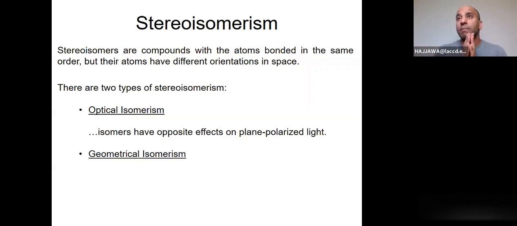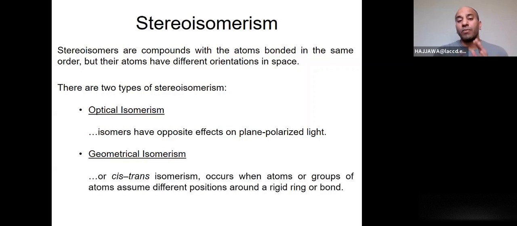Any pair of compounds that differ from each other in that effect on plane polarized light, we will label as optical isomers, as long as these two compounds are the same in terms of connectivity. So same chemical formula, same connectivity, different effect on plane polarized light, and not just different, but opposite to each other.